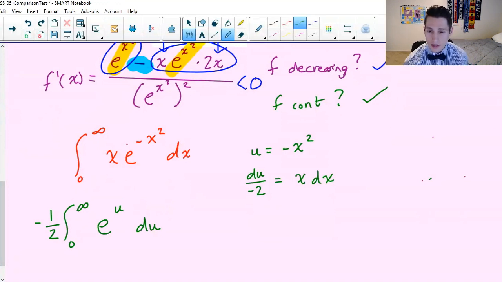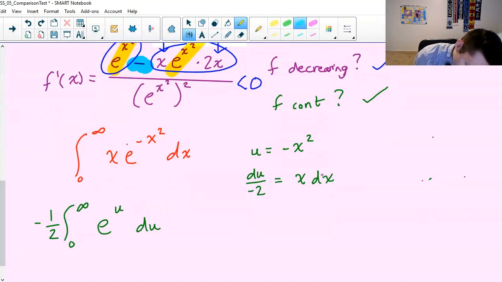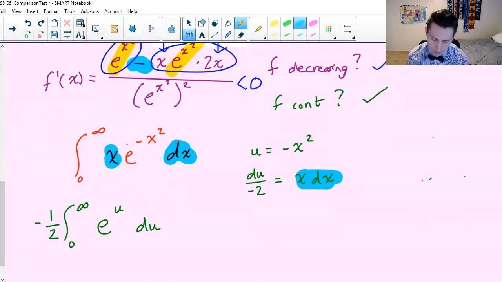All right, so we'll take this integral now. 0 to infinity of e to the u du, because this just perfectly substitutes for x dx when we do that u substitution. So that works out really nicely for us.